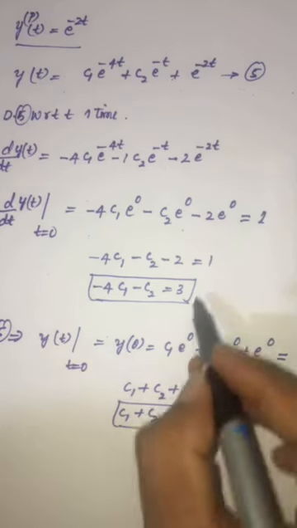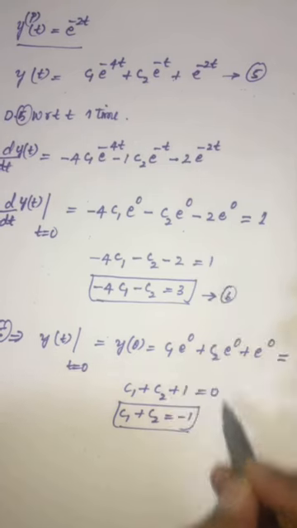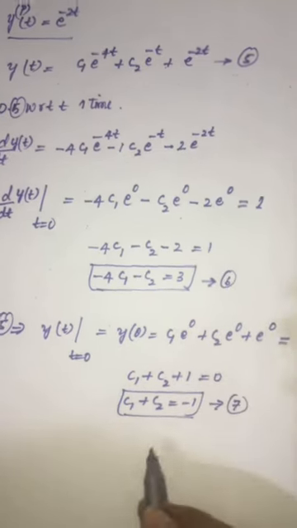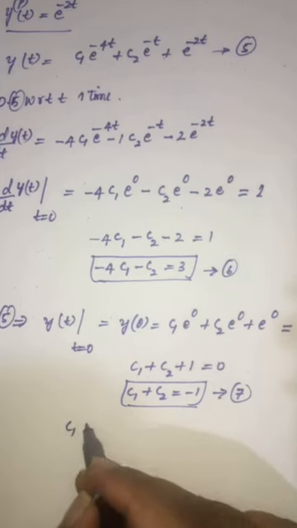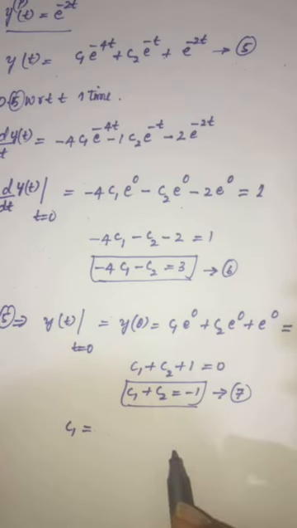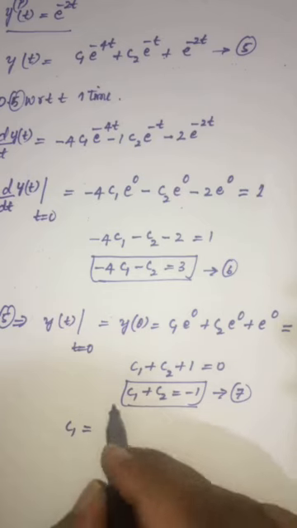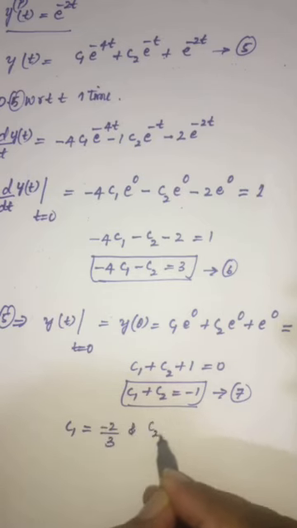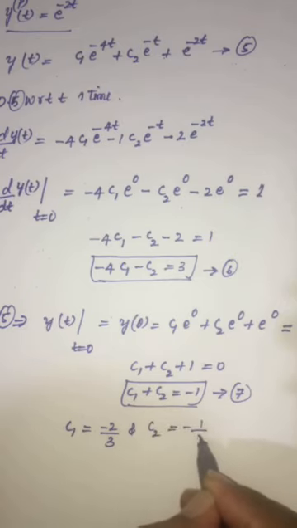Upon solving these two equations, let these be equation 6 and equation 7. Solve these two equations; you should solve and find the values. Therefore c1 value will be equal to, yes, c1 is -2/3 and c2 is equal to -1/3.